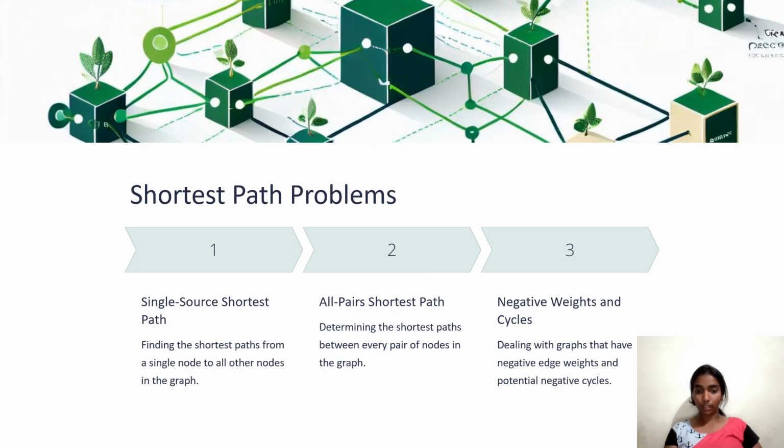Second one is all pairs shortest path. It is determining the shortest path between every pair of nodes in the graph. Third one is negative weights and cycles. This is dealing with graphs that have negative edge weights and potential negative cycles.